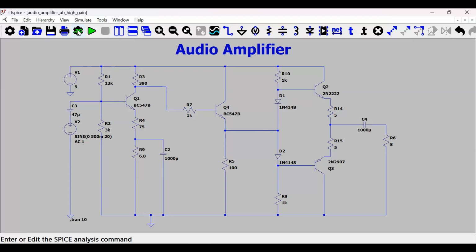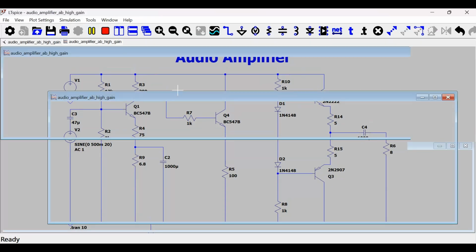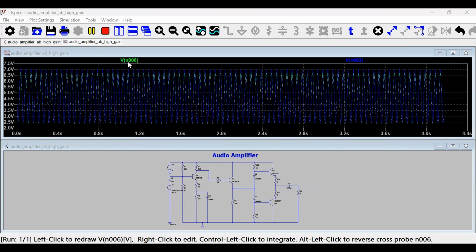So we are going to perform a transient analysis for 10 seconds. Let's simulate the circuit now. So let's plot voltage across the speaker resistance.